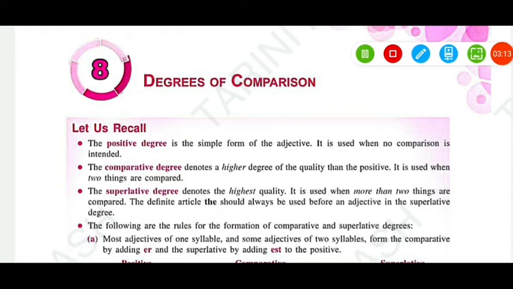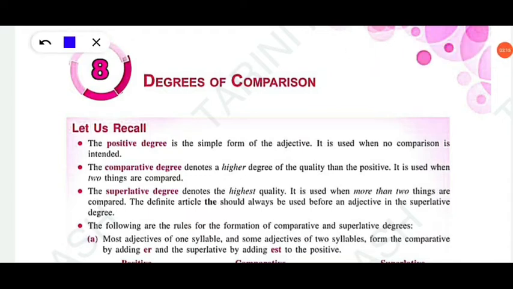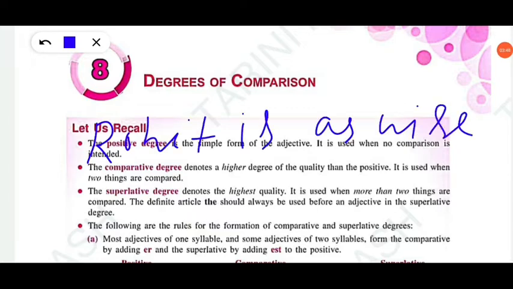Positive degree is used when no comparison is made. The positive degree is the simple form of the adjective. It is used when no comparison is intended. If the comparison is made between two, we also use the positive degree, not the comparative, if their performance is the same. Take an example: Rohit is as wise as Rohan.